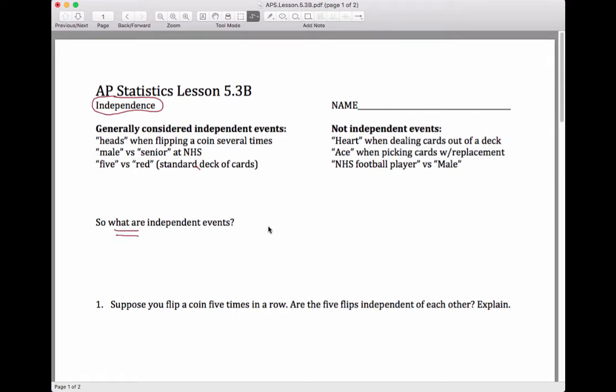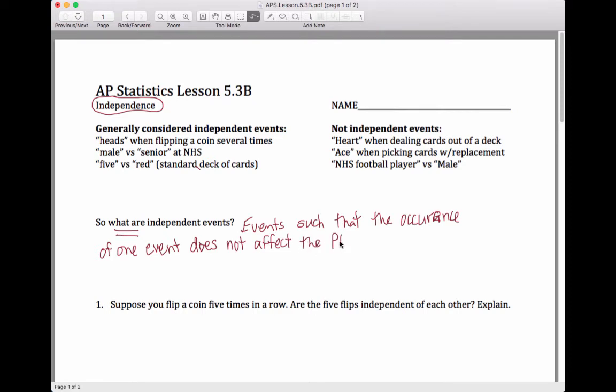In our world in statistics, independent events are events such that the occurrence of one event does not affect, and here's the most important word in the definition, does not affect the probability of the other event occurring.